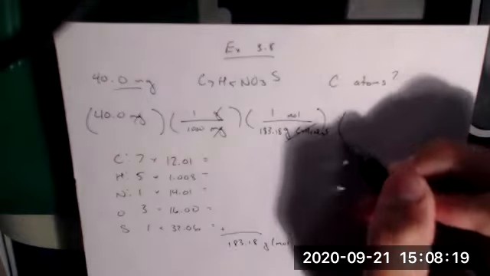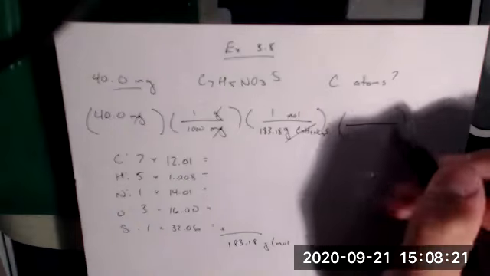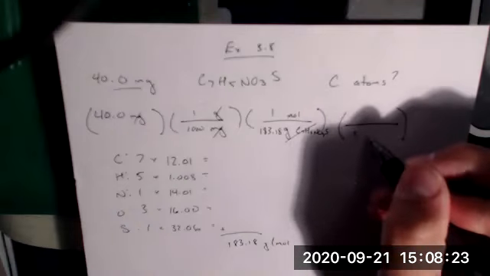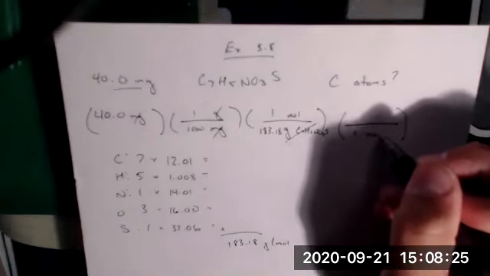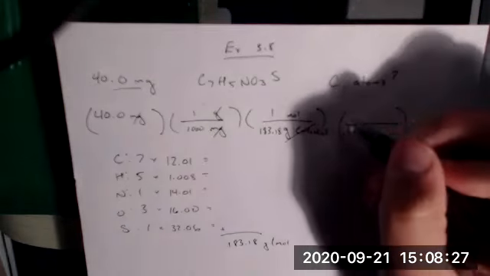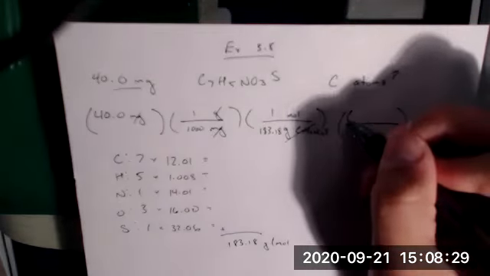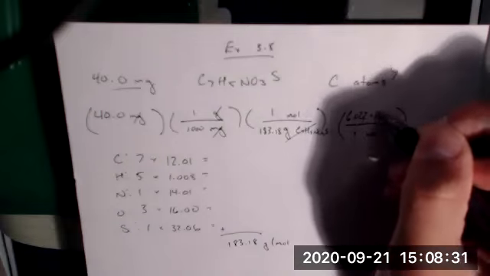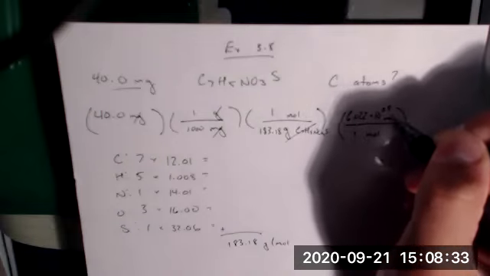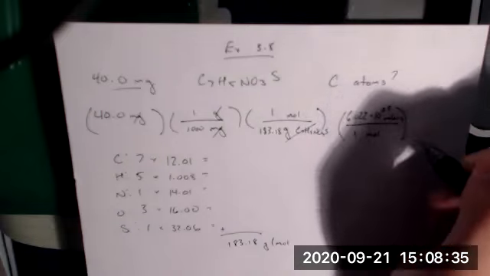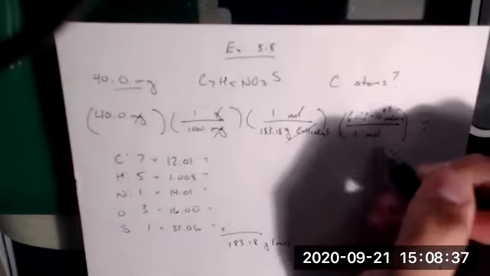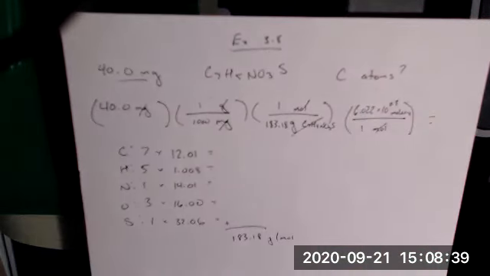How do I convert from moles to atoms? Well, you should know by now, or hopefully you're at least getting used to the fact that 1 mole, in this case for saccharin, is equal to 6.022 times 10 to the 23rd molecules. So moles cancel out and I'm left with molecules. I do my math.